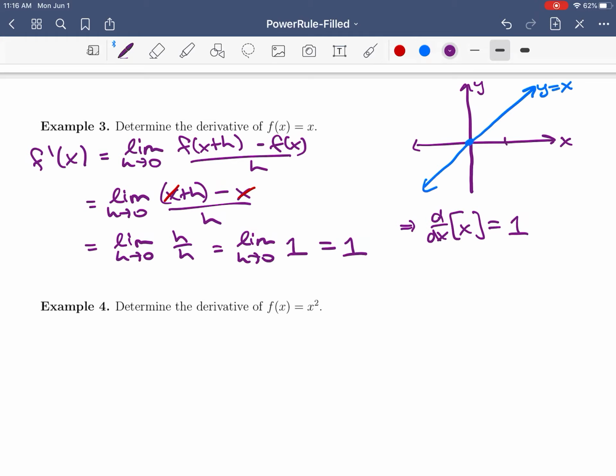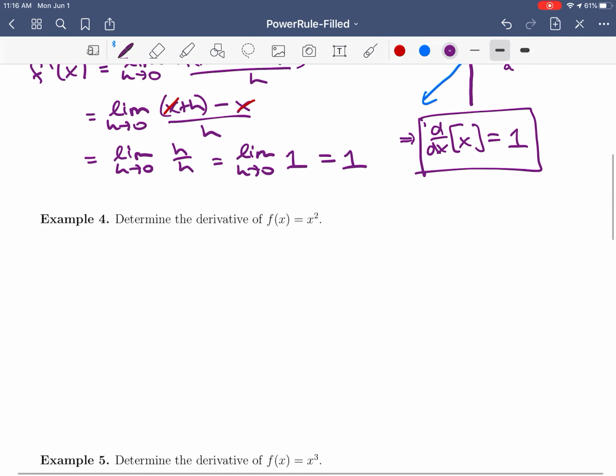So again, at any a value, the tangent line is the line, which is not horizontal. This line at every point has a slope of 1. So that means that our derivative at any point a has to be equal to 1. It doesn't depend on x because the slope is the same no matter what x value you plug in. So if we take the derivative of an x, we just get a 1.